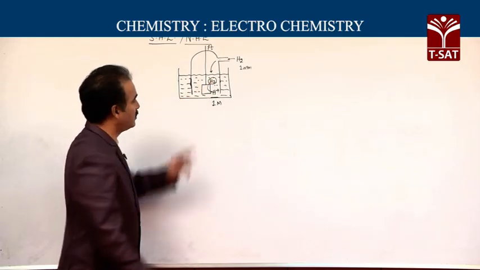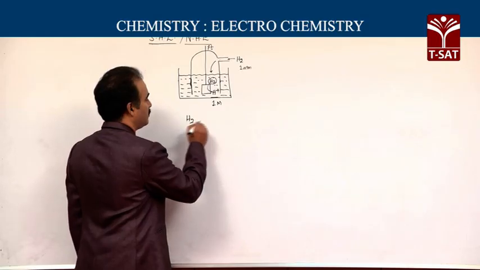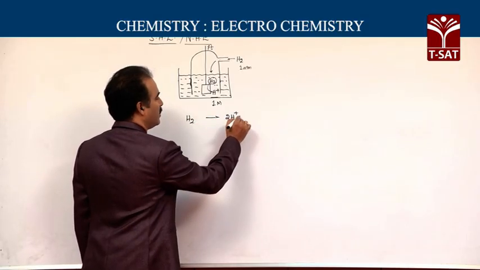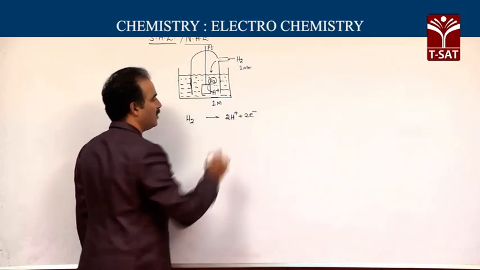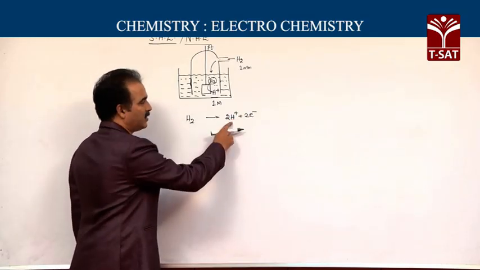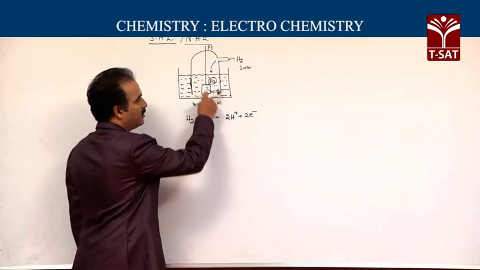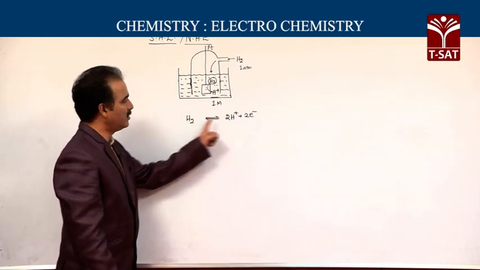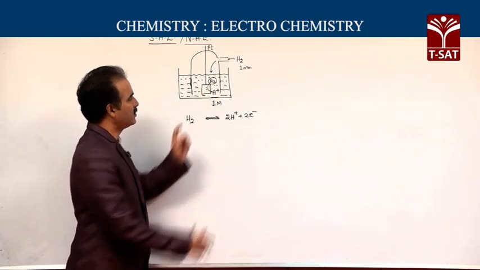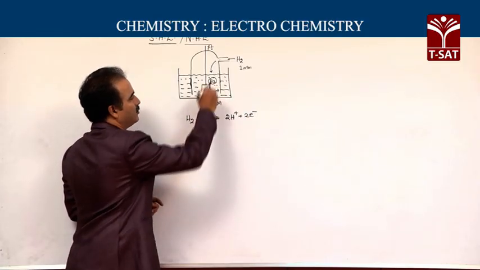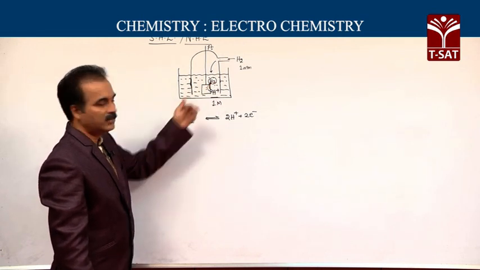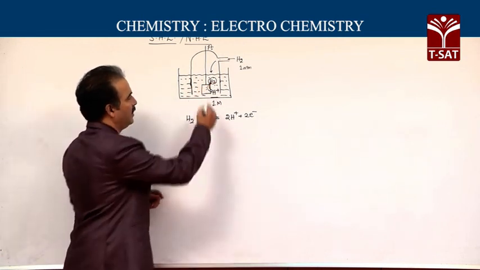In this competition, hydrogen will convert into H plus by losing 2 electrons, and the 2 H plus ions from solution will take the 2 electrons and convert into hydrogen. So, this is the reversible reaction that occurs here, meaning H2 converts into H plus and H plus converts into H2, through exchange of electrons.